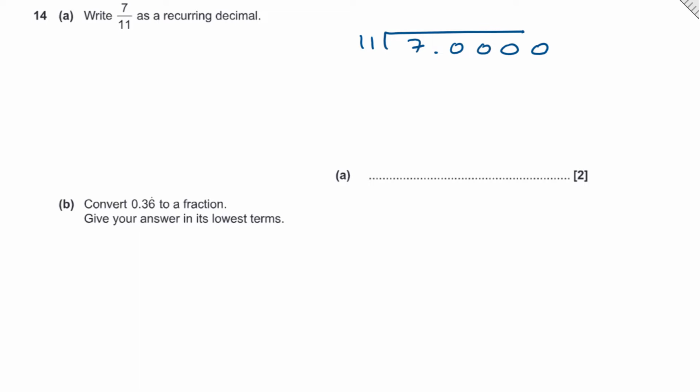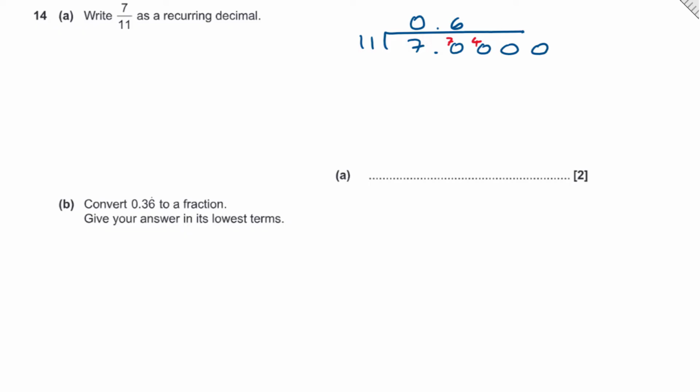So 11s into 7, they don't go, do they? So that's going to give me 0 up there, and I'm going to carry the 7 over into the next column. So 11s into 70, well 6 11s are 66, aren't they? So it can go in 6 times. And then the remainder is going to be 4 then, isn't it? Okay, 11s into 40.